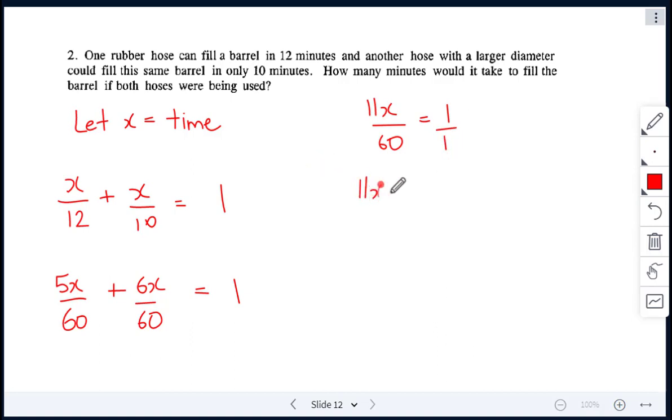So 11x is equal to 60. Divide by 11 on both sides. And our answer is 5.45, and the 4,5 is repeating. So we can just put that dashed line on top to show that it's repeating. And it would be in minutes.